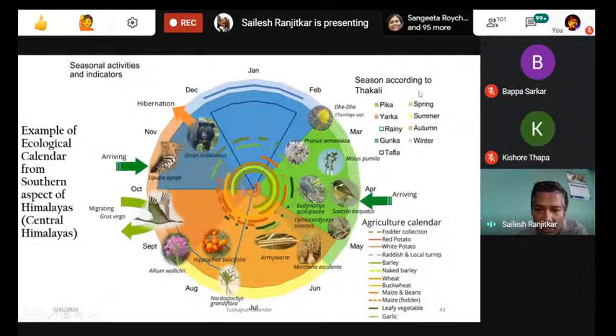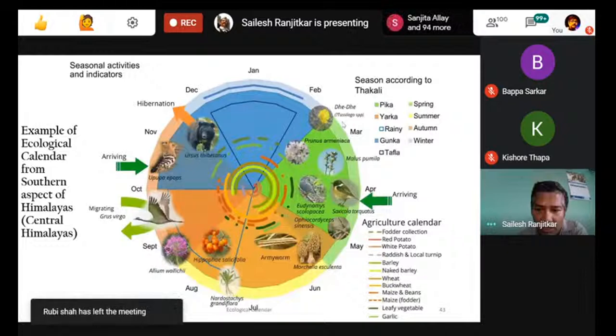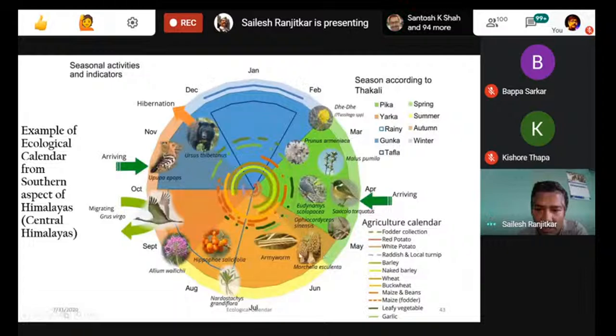This is done with one ethnic group called the Thakali: how they observe the environment, what indicator species they identify, how their agricultural activities are linked with these seasonal indicators, how they harvest any wild species such as Ophiocordyceps sinensis or Morchella esculenta mushrooms that are available during a certain period of the year.